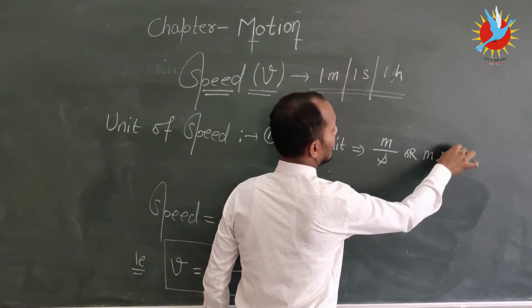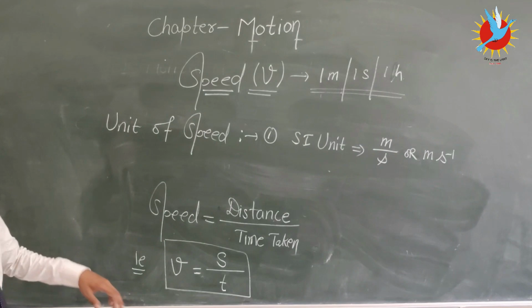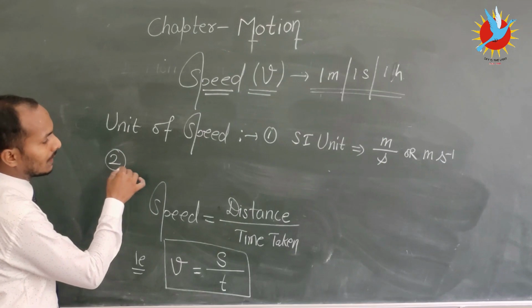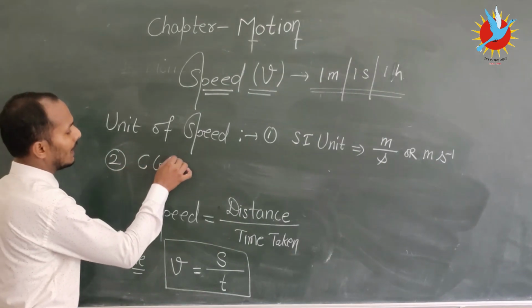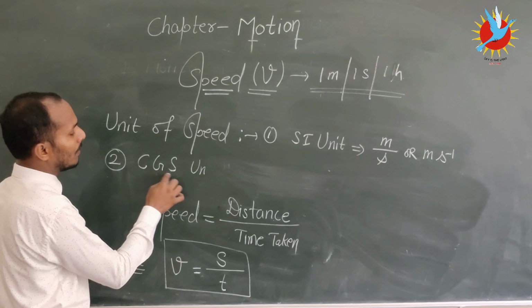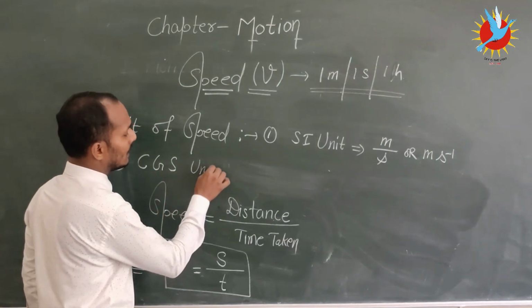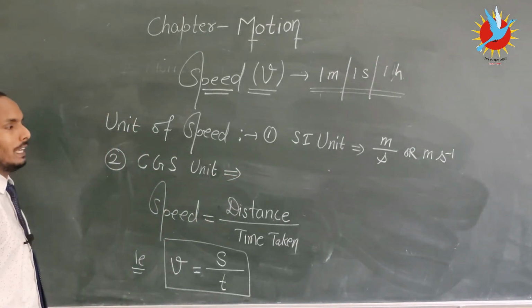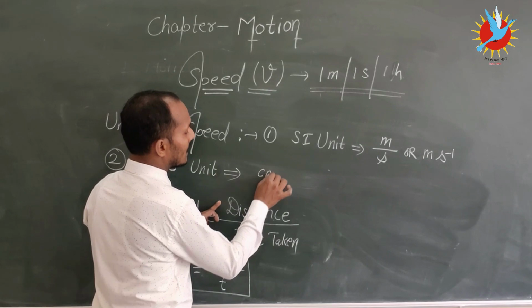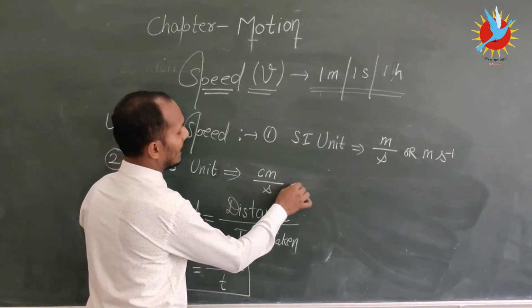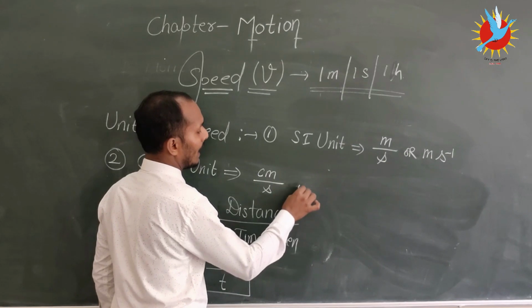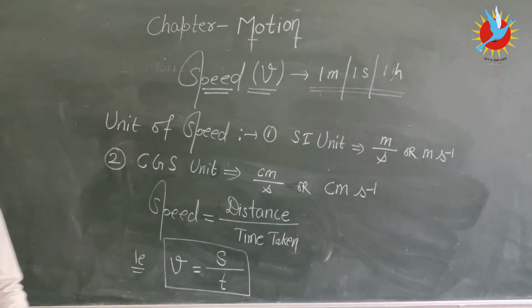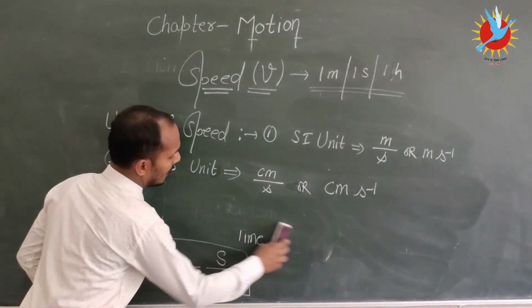Meter per second is its SI unit. Second, what is its CGS unit? CGS means centimeter gram second. The CGS unit of speed is distance in centimeters divided by seconds, or simply centimeter per second.